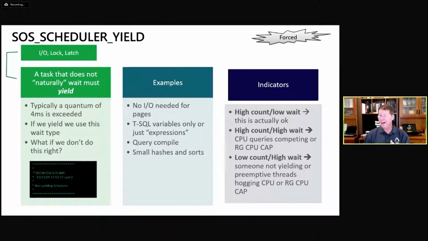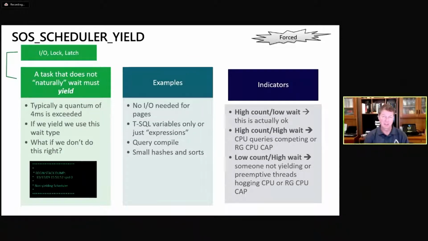Now, the other thing you should look at is if you've got a very low count but high wait, that could be a problem with SQL Server itself, especially cases where we're not yielding. But there are some scenarios where you have preemptive worker threads that are hogging CPU. Something like a task that goes off and has to do preemption to an operating system call, but that operating system call, for whatever reason, is going to CPU spin.